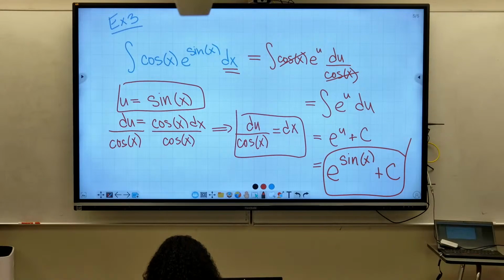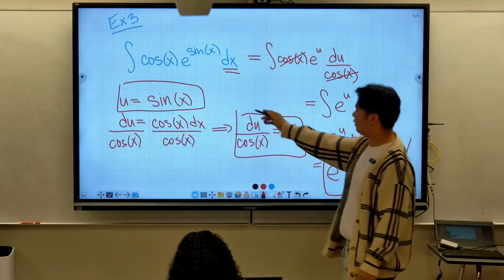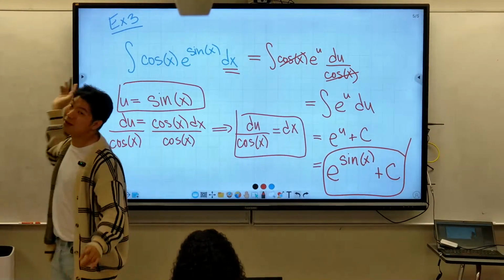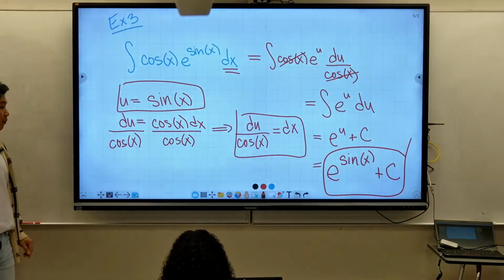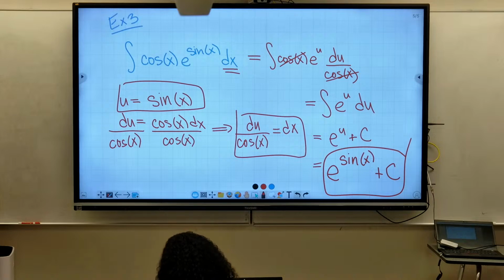And again, we could verify my answer if I take the derivative of that. The derivative of e to the sine of x, I get e to the sine of x times the derivative of sine, which is cosine, which is exactly what I have in this original problem. So we can verify that our answer is in fact true.